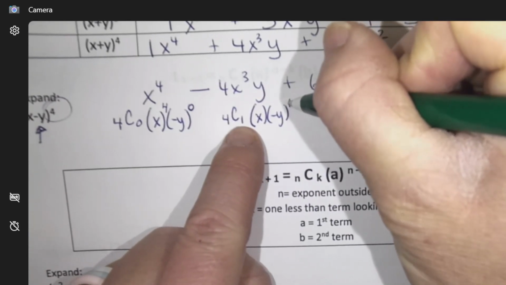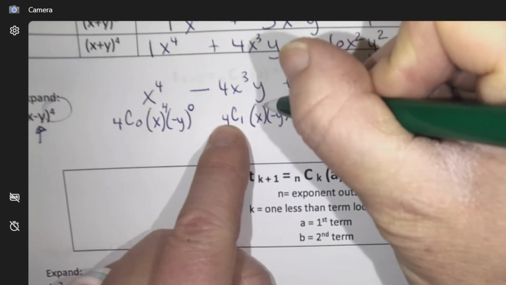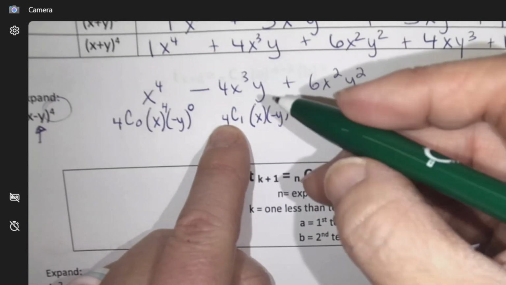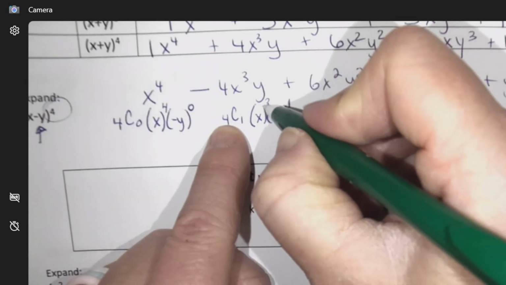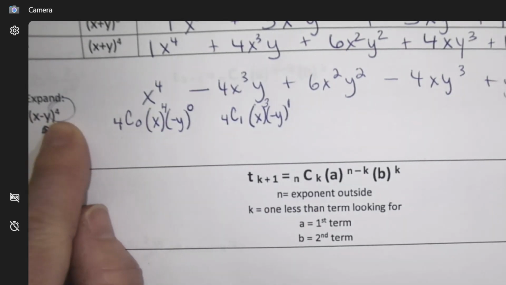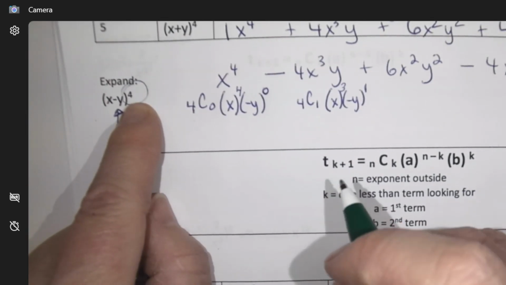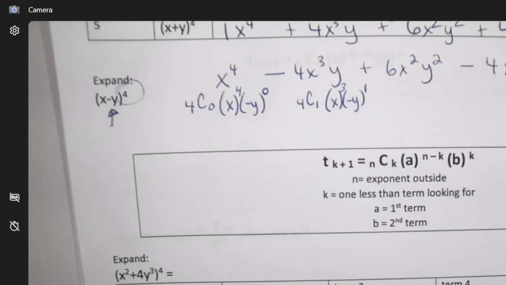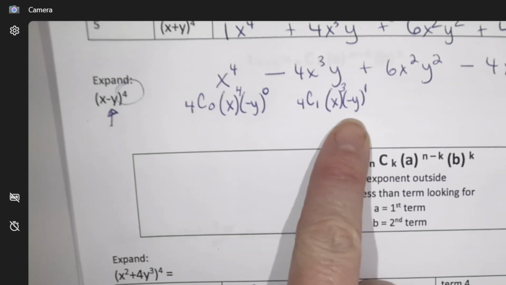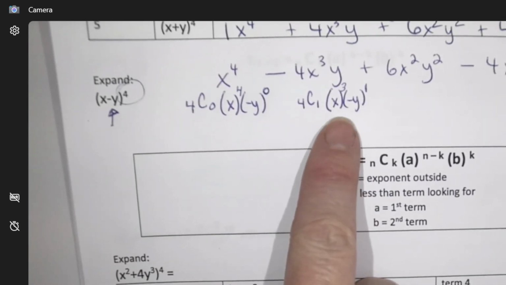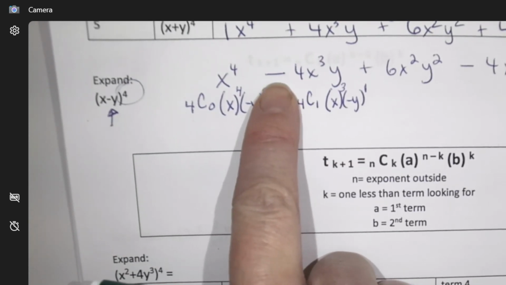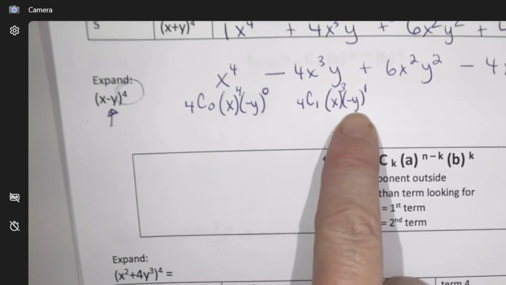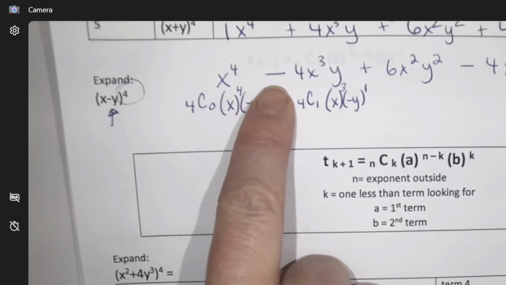And then what's the subtraction exponent? The exponents always have to add up to 4. Exponents always have to add to 4. Look, that's how I got. So this is why this was negative. Because look, I had a negative y, so that's why that term was negative.